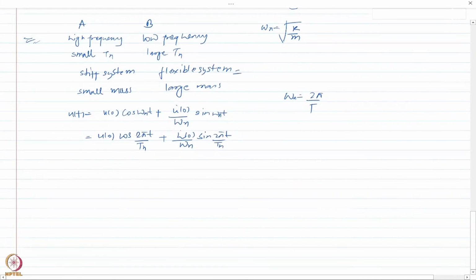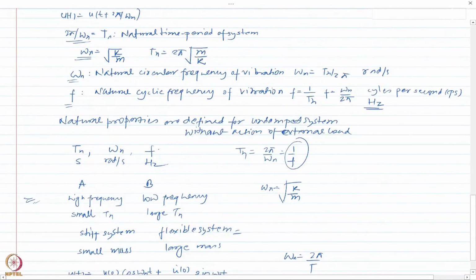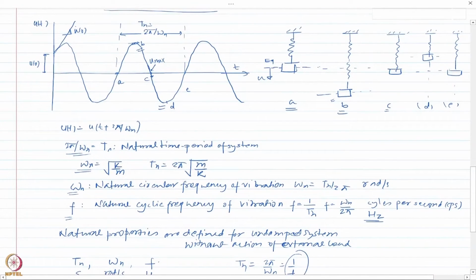Now remember that we know from this graph what u0 and u dot 0 are. We have also found out the time period of vibration or oscillation. There is one more thing remaining to be found out, and that is the amplitude of the oscillation here.